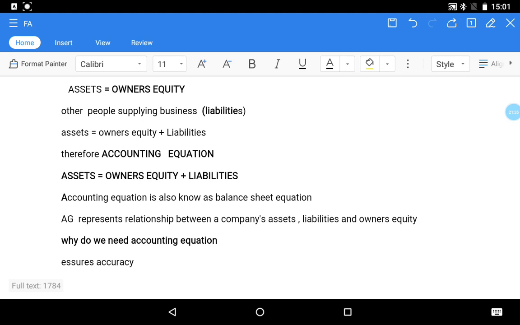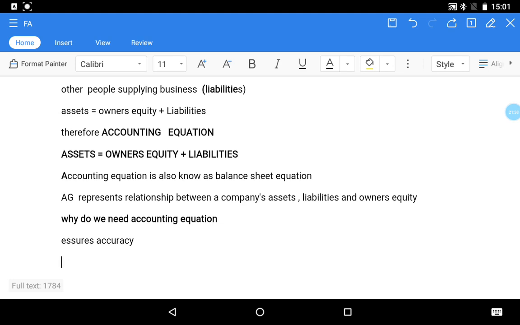Then the second one we have: it tracks financial position. As we have said, the accounting equation is known as the balance sheet equation. It means whatever you do in the accounting equation, if it balances, you are tracking each and every item in the balance sheet, because the accounting equation involves all elements of financial position: non-current assets, current assets, maybe intangible assets.